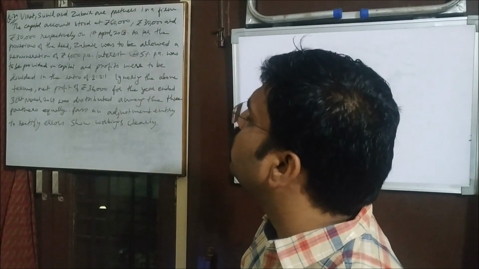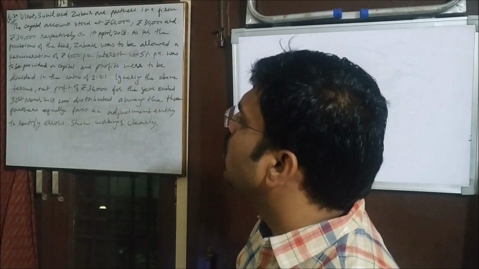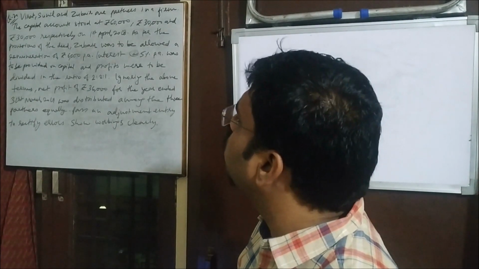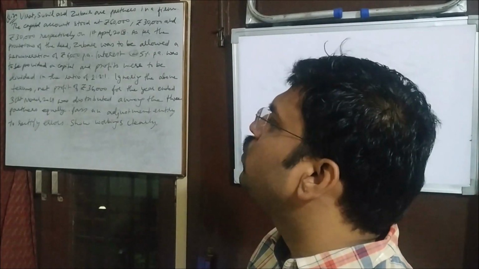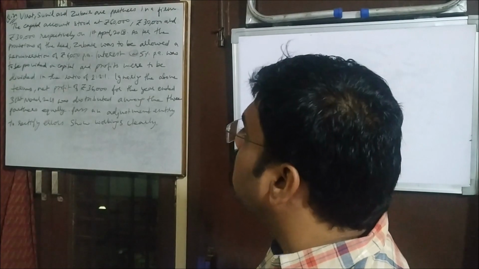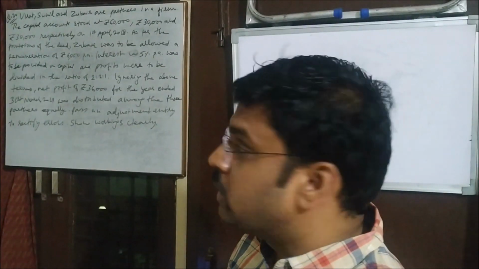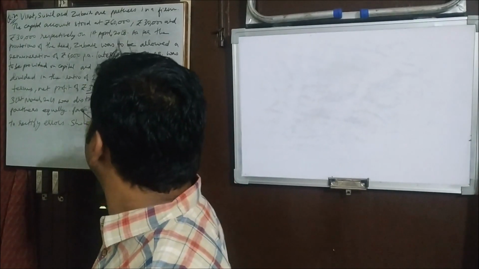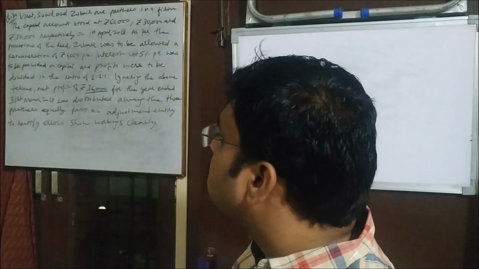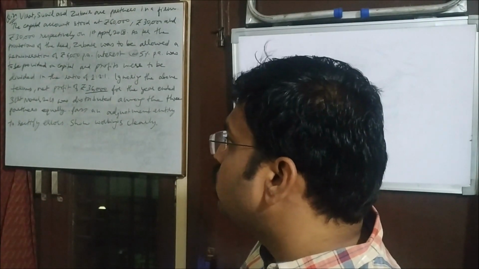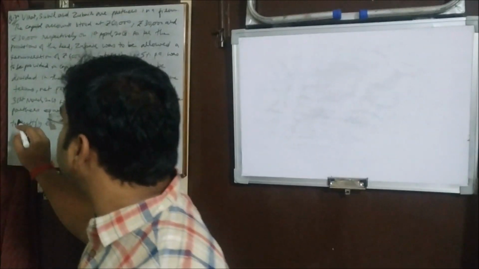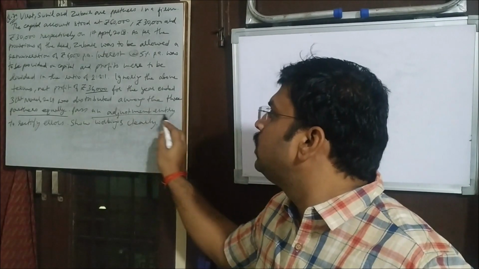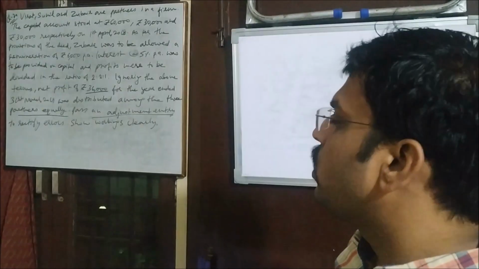Interest at the rate of 5% per annum was to be provided on capital, and profits were to be divided in the ratio of 2:2:1. Ignoring the above terms, net profit of rupees 36,000 for the year ended 31st March 2019 was distributed among the three partners equally. Pass an adjustment entry to rectify errors, show workings clearly.